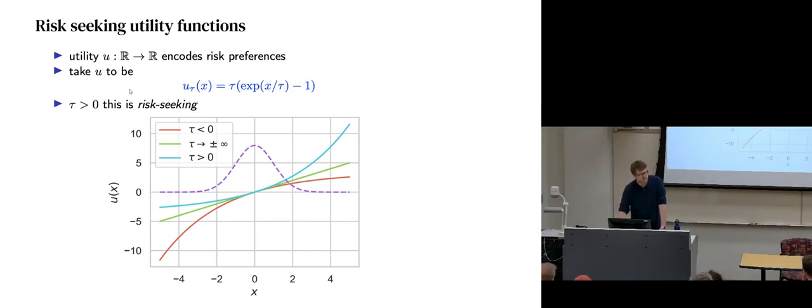And the way to interpret these is via this graph here. So imagine this purple line here is some payoff of some lottery ticket or something, some asset, right? So you can have a positive payoff with some probability and a negative payoff with some probability. Now, if you put that through this blue line here, which is a risk-seeking exponential utility function, it's going to upweight the positives and downweight the negatives.